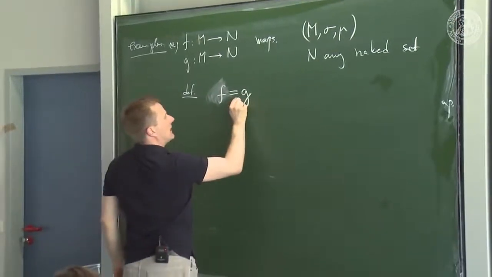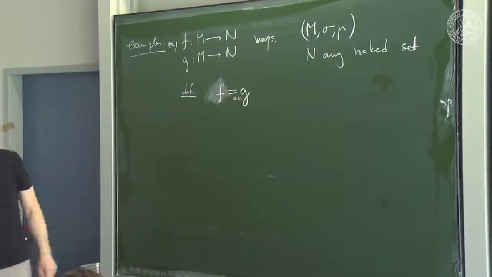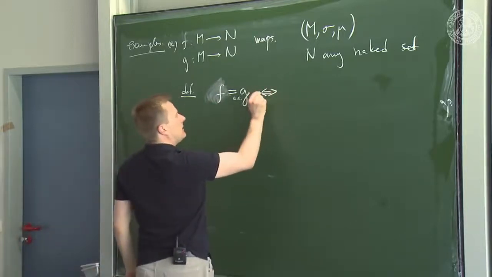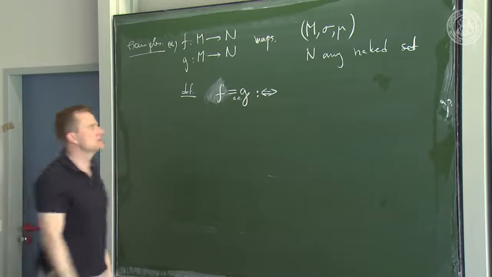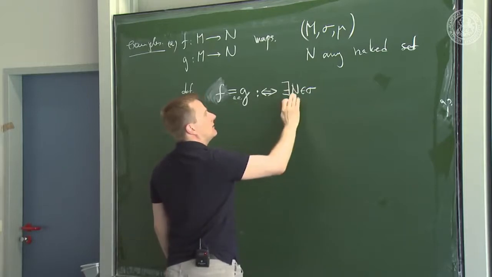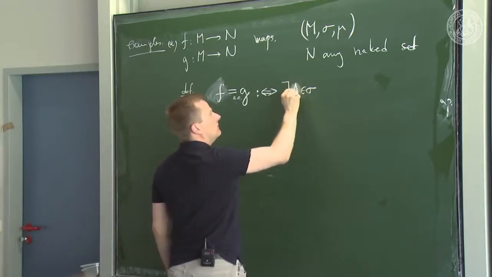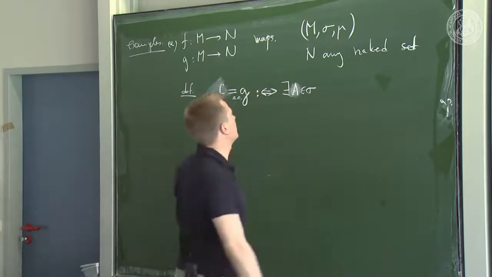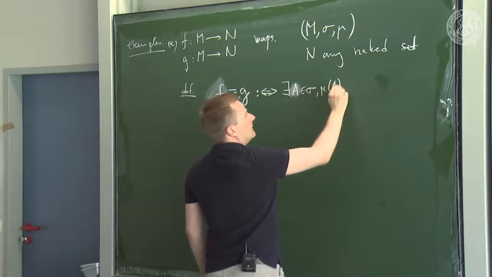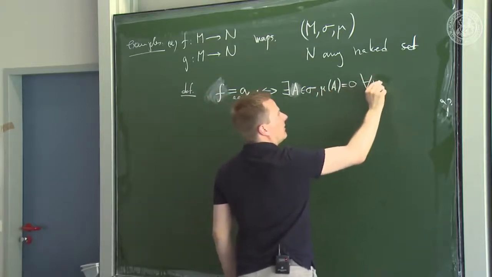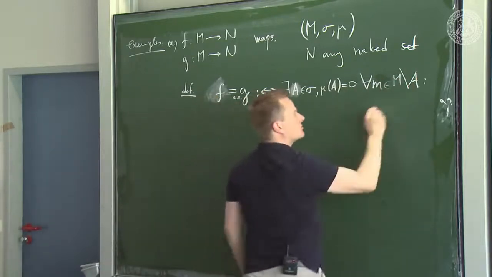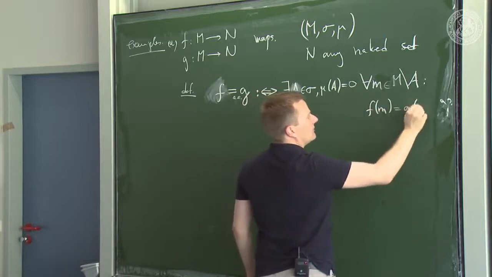But if you say f equals g almost everywhere, so you write this qualifier under the equal sign, what we mean by this, by definition, is there exists some A in sigma, I'm sorry for choosing N over there, with mu of A equals 0, such that for all m in M without this zero set, it's true that f of m equals g of m.